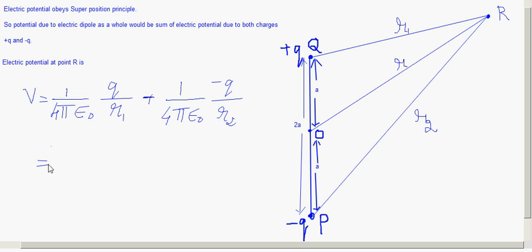This will be equal to 1 by 4 pi epsilon naught into q by R1 minus q by R2.